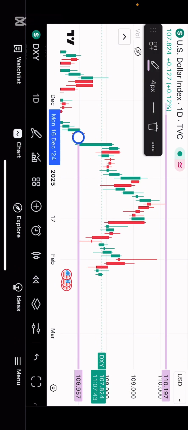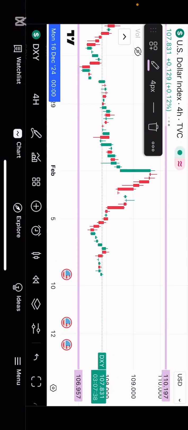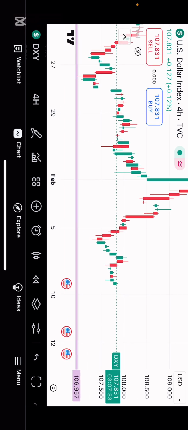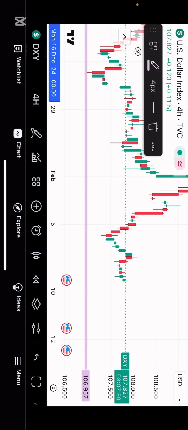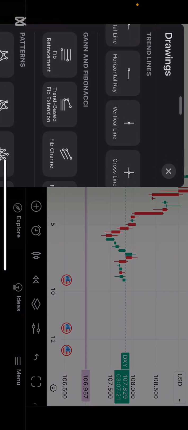The market is closer to our support than our resistance, right? So during fundamentals, this level right here will act like a magnet to make the market come down to the zone.